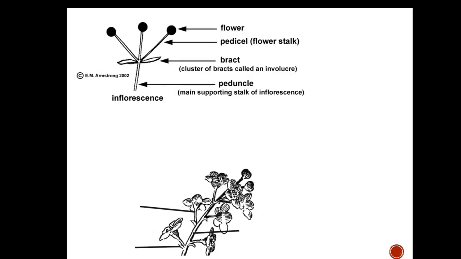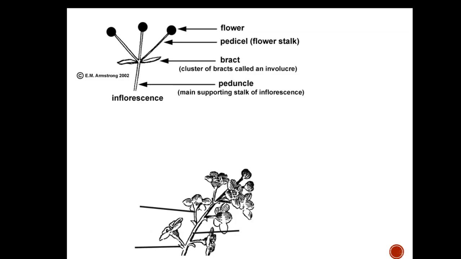Okay, so the other thing you hear described with flowers is the inflorescence. That's a collection of flowers. And here's the pedicel. If you remember, I mentioned pedicel is a flower stalk. The peduncle is the supporting stalk of an inflorescence.